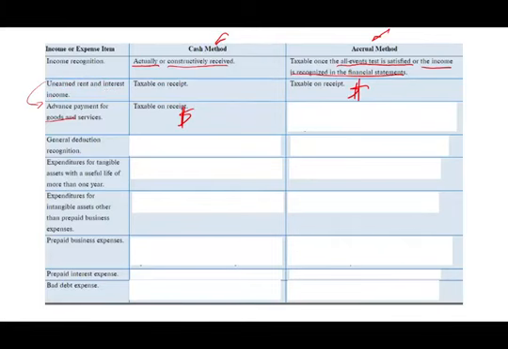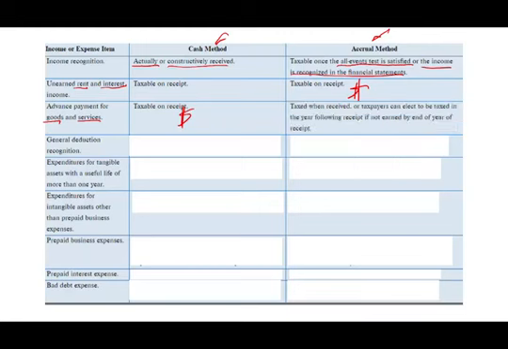Somebody pays you up front. But notice I have to point out the difference. Here we're talking about rent and interest. That's different. It's always taxable immediately. When it comes to advance payment for goods and services, we have a little wiggle room that you'll be able to kind of defer it a little bit.